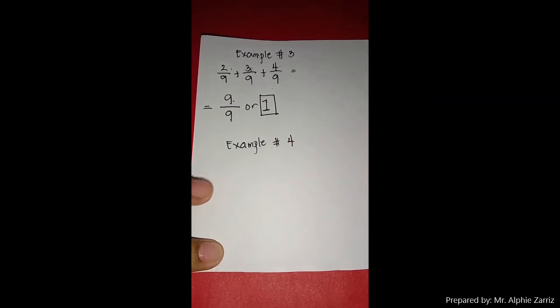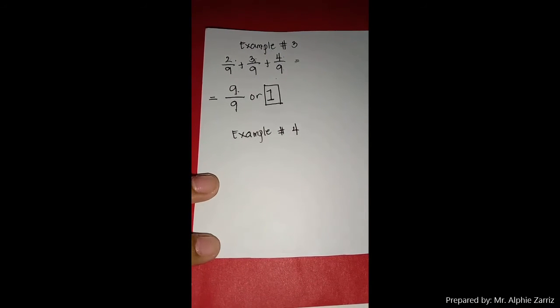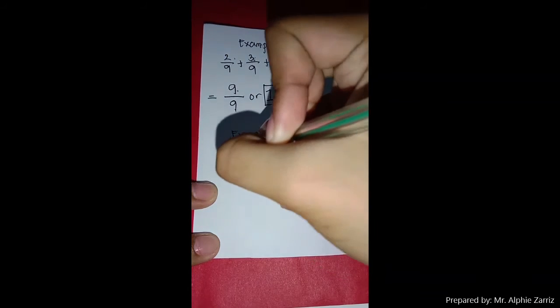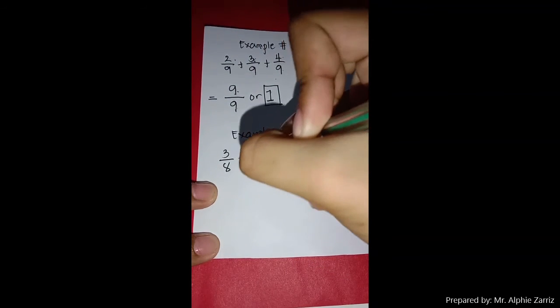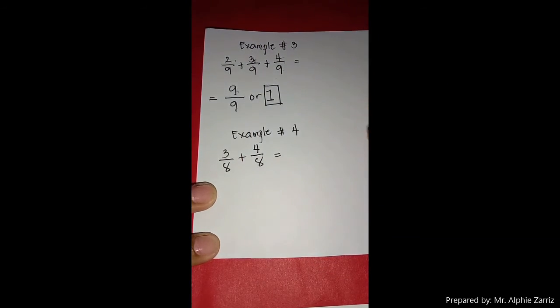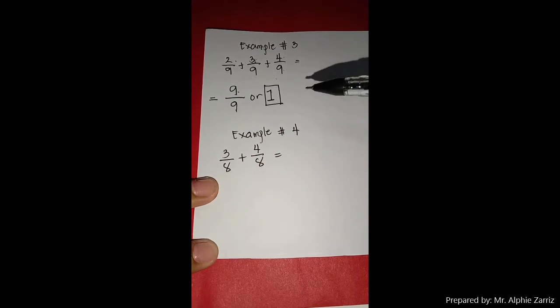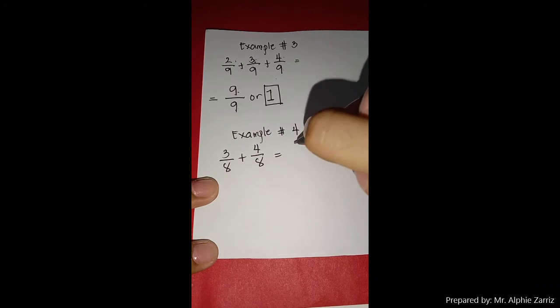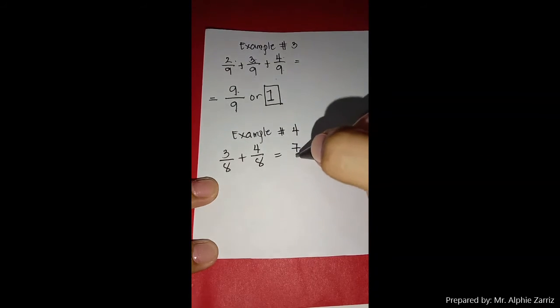So, example number 4. Okay. So, what if meron tayo ditong 3 over 8 plus 4 over 8? Okay. So, ang steps natin is add the numerator. So, 3 plus 4, we have 7. Copy the denominator, we have 8.